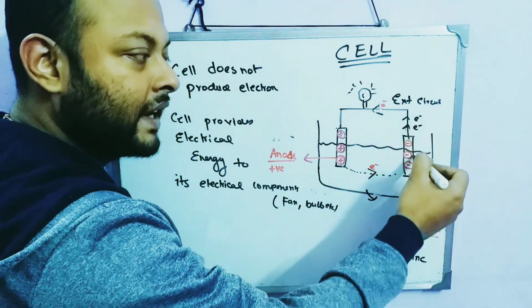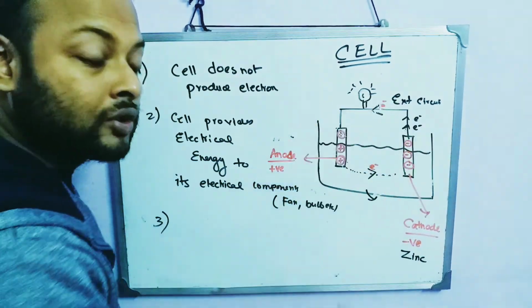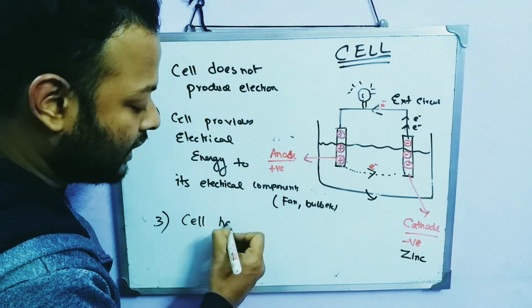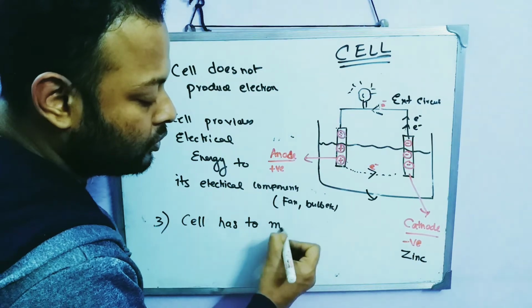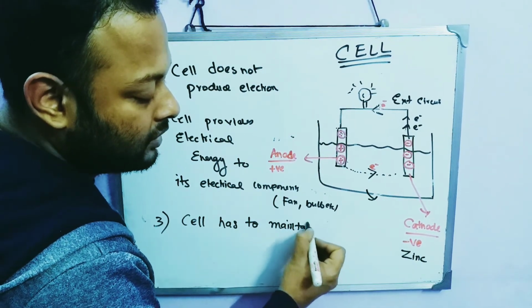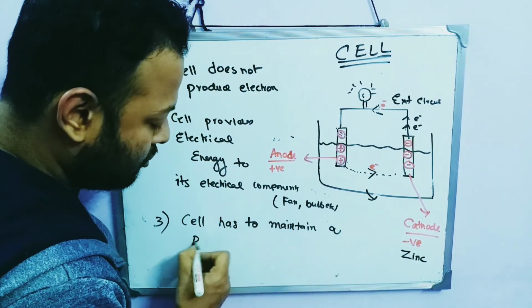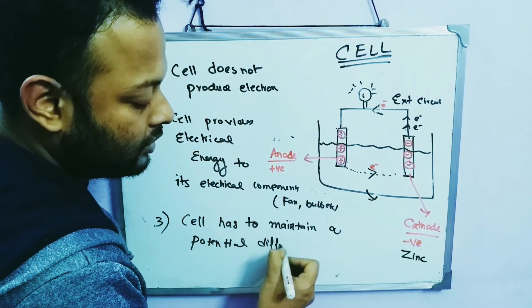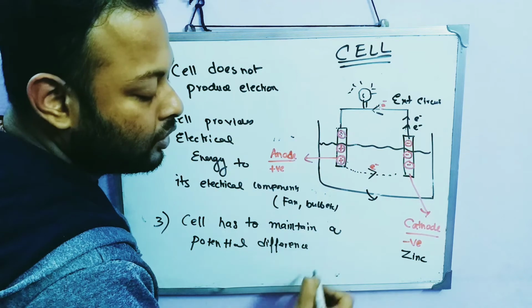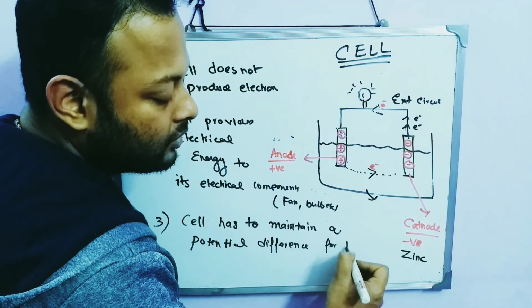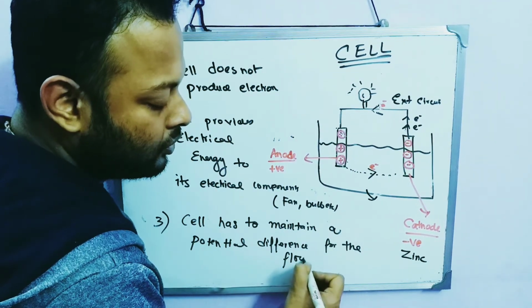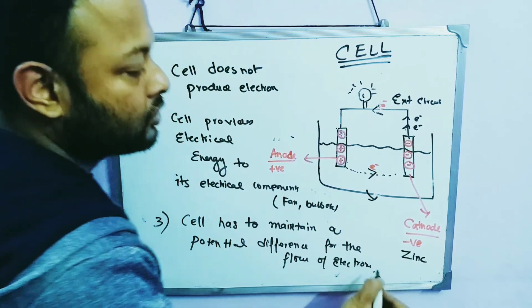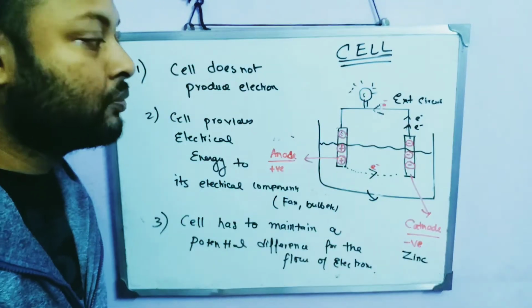So the cell has to maintain a potential difference for the flow of electrons.